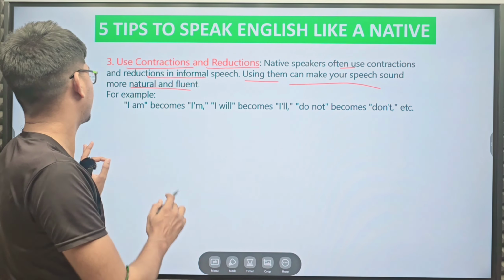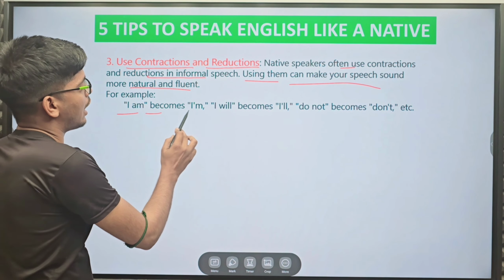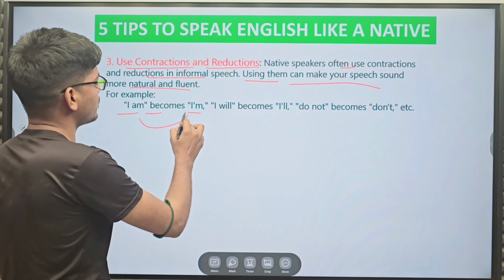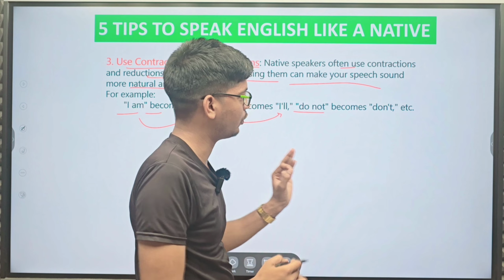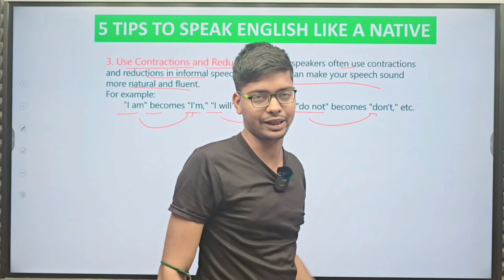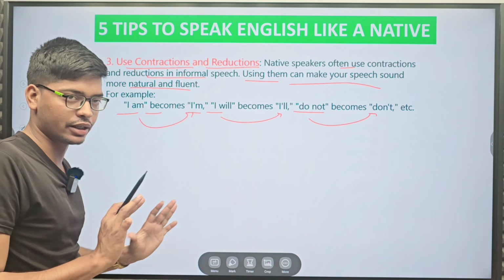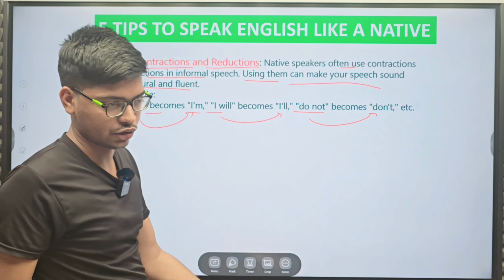Like I am becomes I'm, that is the contraction form. I will becomes I'll. I do not becomes don't. I hope you guys understand what the contraction form is. Contraction form means reducing the words, so you can reduce words.